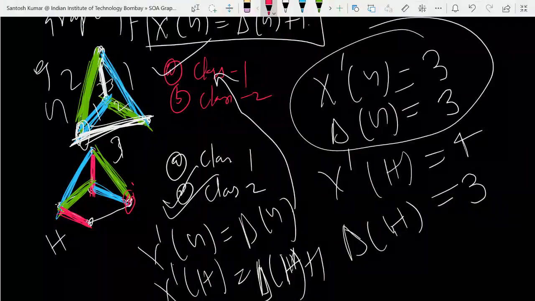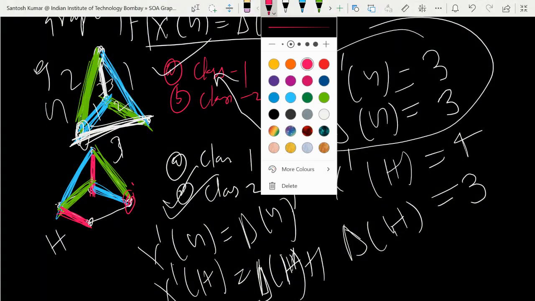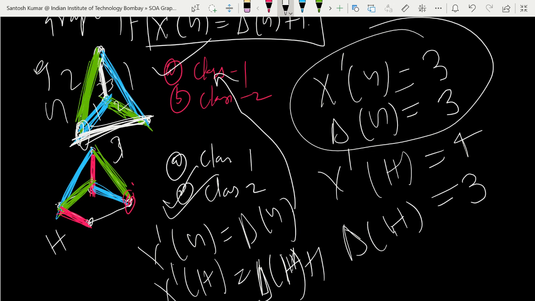Let me call it AB. Look at AB. You cannot use 3, 1 and 2, so you have to use the fourth color. That's why it is 4.